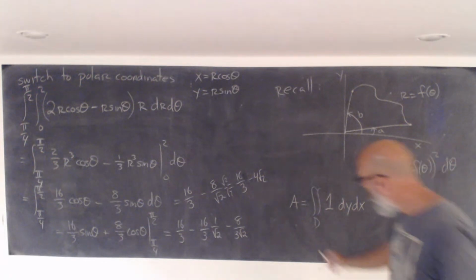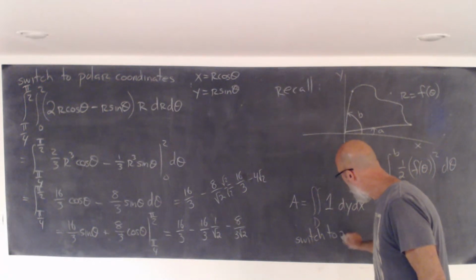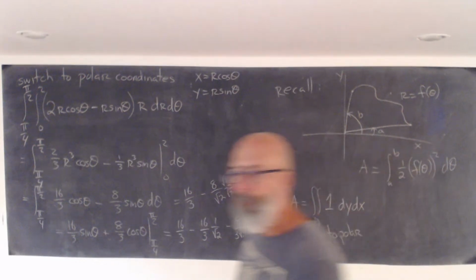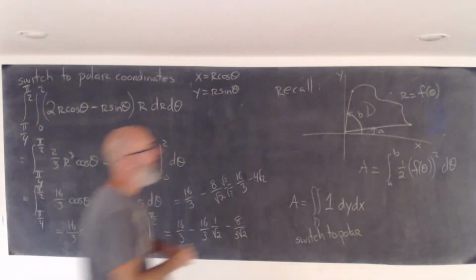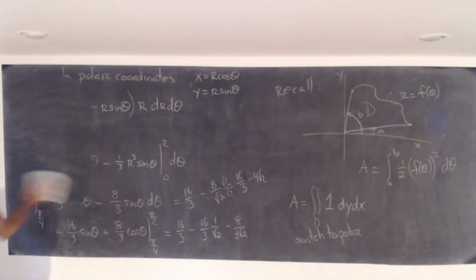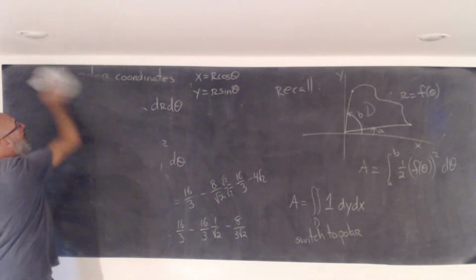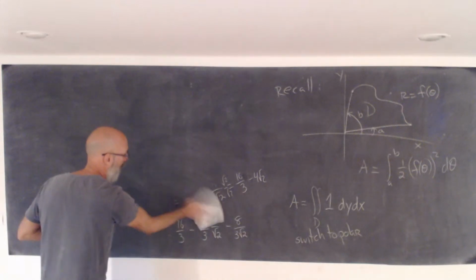Let's switch to polar coordinates. This is our domain D. This is what we want to integrate. So we're going to switch to polar to help us describe this region.